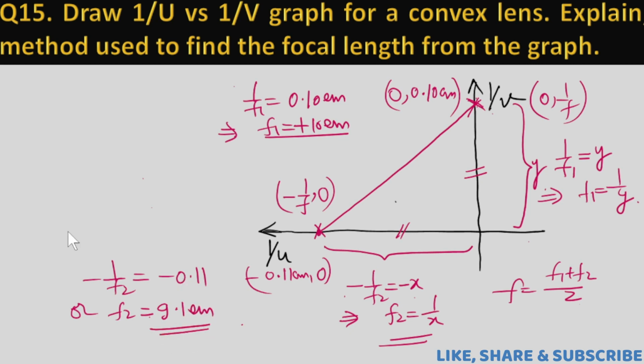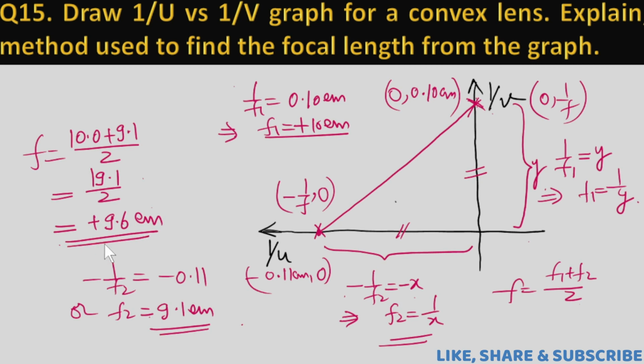The average value of focal length f will be equals to 10.0 plus 9.1 divided by 2, which is equals to 19.1 divided by 2, and this is further equals to plus 9.6 centimeter. So this will be the average focal length of the convex lens in this case.